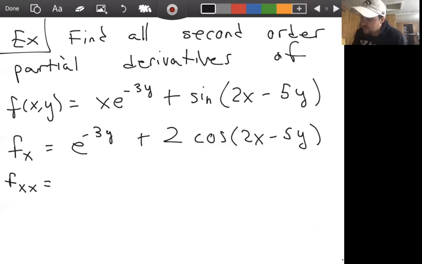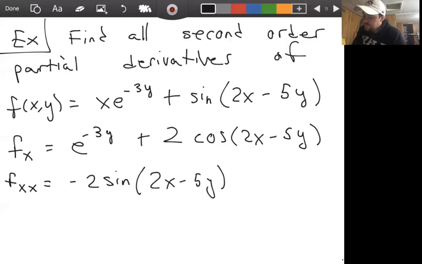Then we're taking the derivative of 2 cosine of 2x minus 5y with respect to x. The derivative of cosine, with the 2 out there, gives negative 2 sine of the interior, 2x minus 5y, times the derivative of the inside, which is 2, so this just becomes a negative 4 out front.